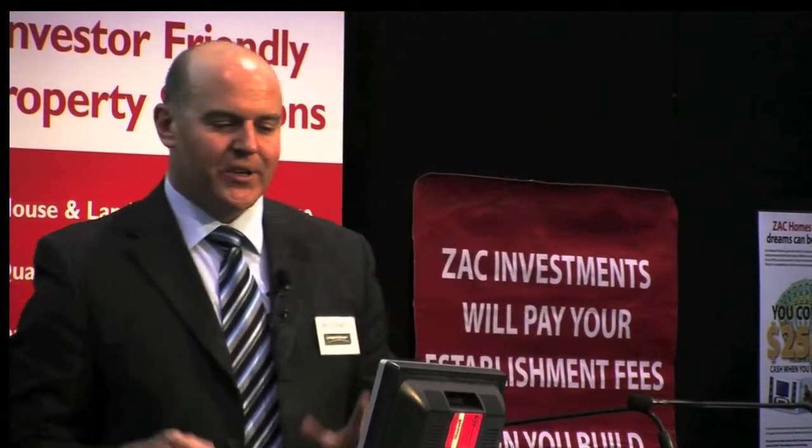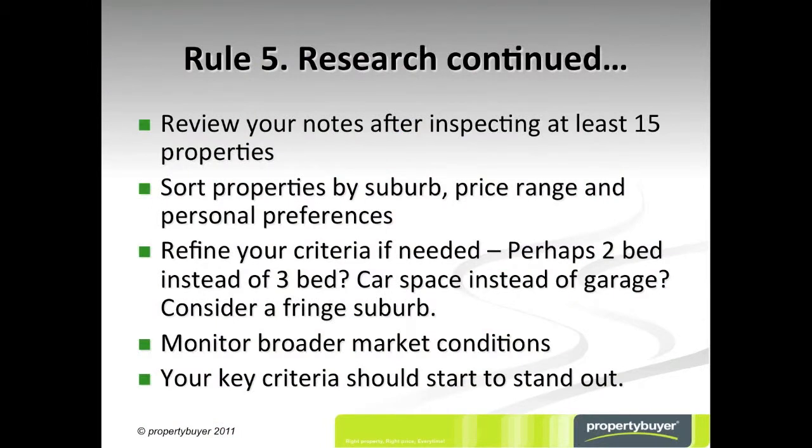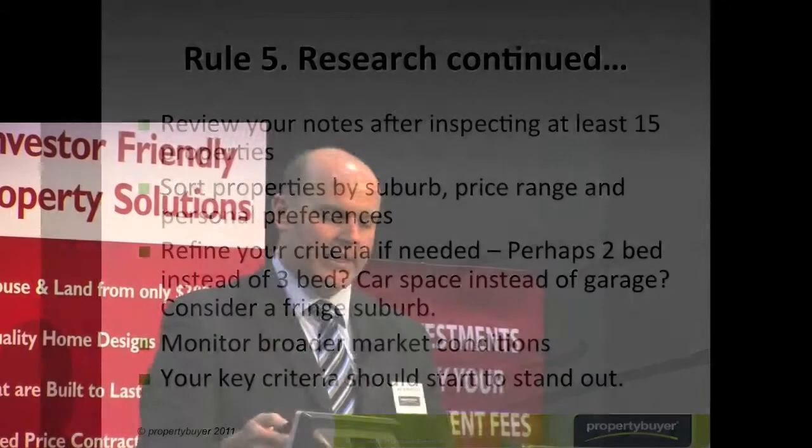Once you've started researching, you're going to start compiling a list and refining your criteria, so your key criteria will really start to stand out to you. While you're doing that, you might need to consider the broader market conditions, because interest rates could go up or down, or there could be some big infrastructure announcement.